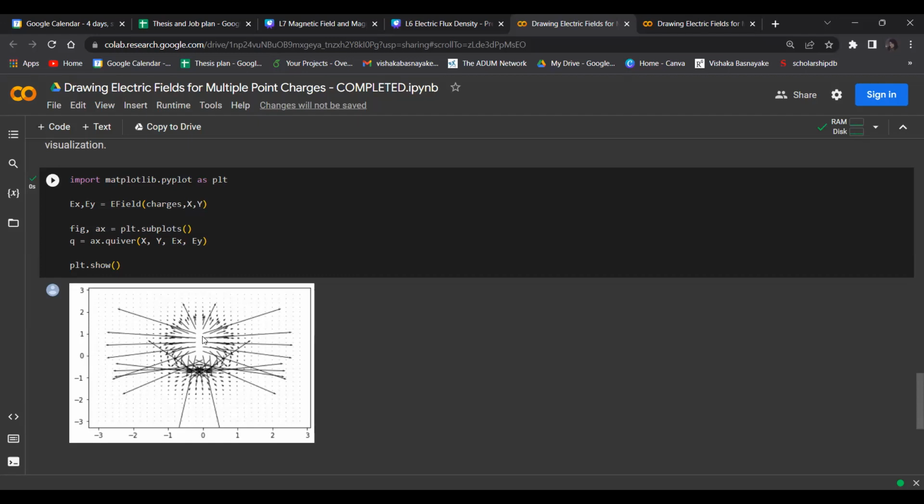We can define the charges' location in this space using the code, and based on the location of the charges, the effect of those charges at these points varies, and the effect is given by the strength of the force. So we can do it for any kind of charge distribution.